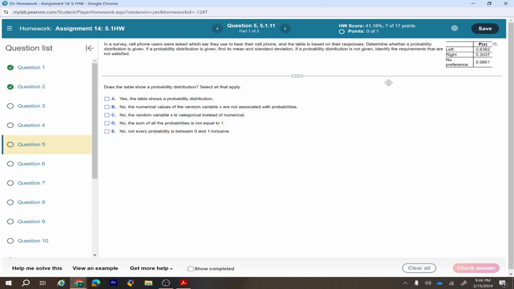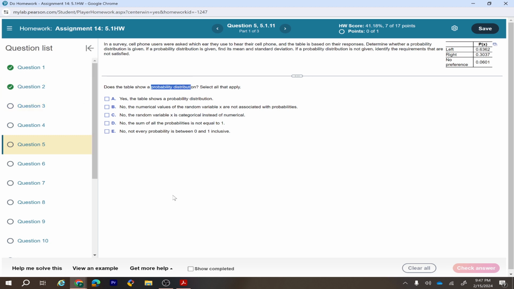We need to find out, in a survey, cell phone users were asked which ear they use to hear their cell phone, and these are the options: left, right. Remember, these are not numerical values, so it's not random. Does the table show a probability distribution?